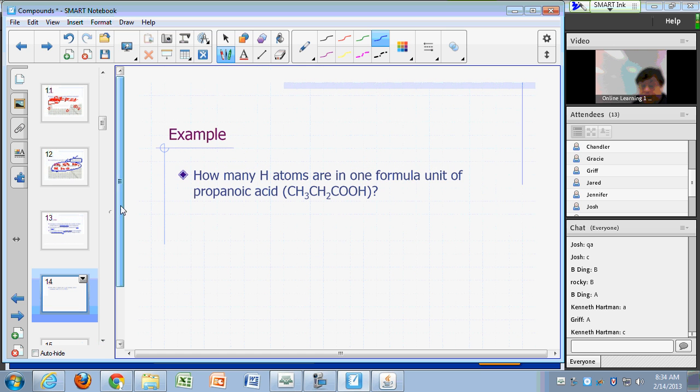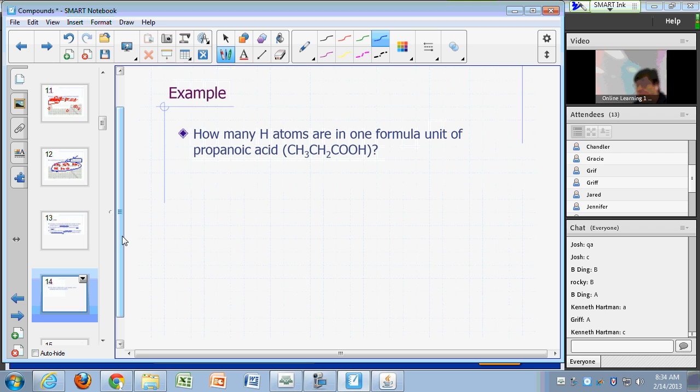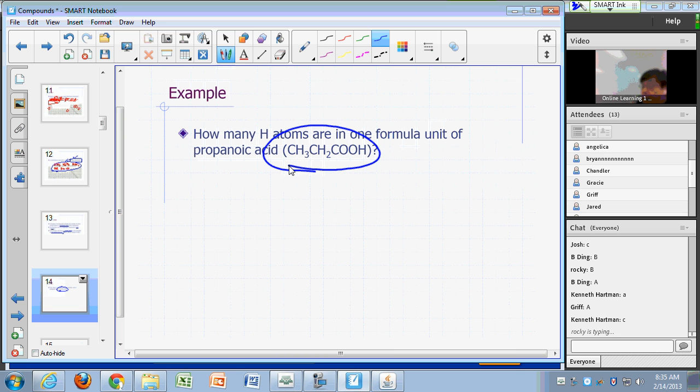So let's look at an example here. How many H atoms are in one formula unit of propanoic acid? Well, this compound is a molecular compound. So, if you have one formula unit of this compound, you have one molecule of this compound.